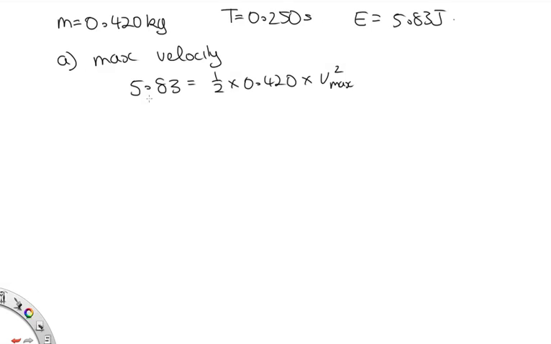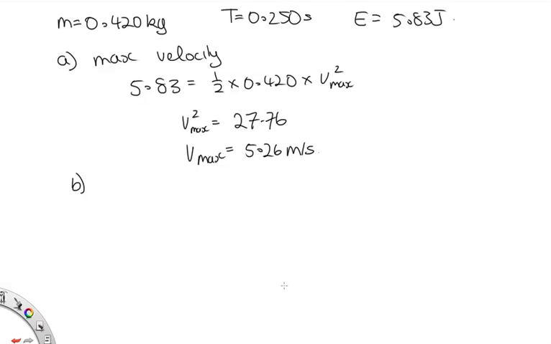So just rearranging this, 5.83 times 2 divided by 0.420 gives us v squared is equal to 27.76, so the maximum velocity is equal to the square root of this, which is 5.26 meters per second.